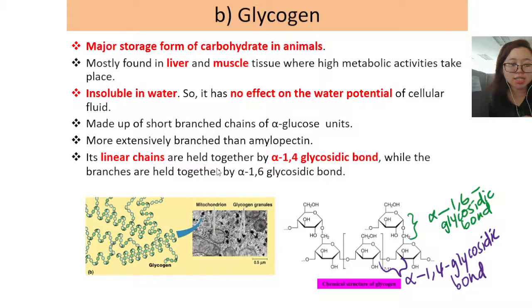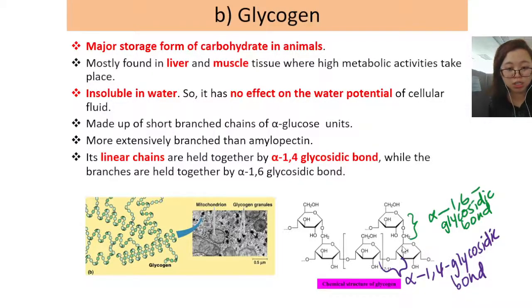Its linear chains are held together by alpha 1,4 glycosidic bond, meaning kalau dia chain yang lurus ini, okay, down here, this is held together by alpha 1,4 glycosidic bond yang saya tulis dalam tulisan purple gelap. Okay, in dark purple, that is the alpha 1,4 glycosidic bond.